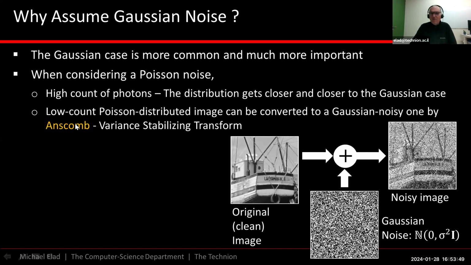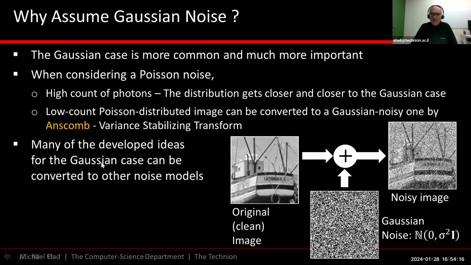And if you have low counts, like 4 photons, 5 photons, 10 photons, there is an amazingly beautiful trick called the variance stabilizing transform, an algorithm called transcomp. You apply it. Basically, you take the data, you apply a very simple operation, something like square root, something simple. And suddenly you come back to the Gaussian regime, which is amazing. So again, we are falling back into the Gaussianity assumption.